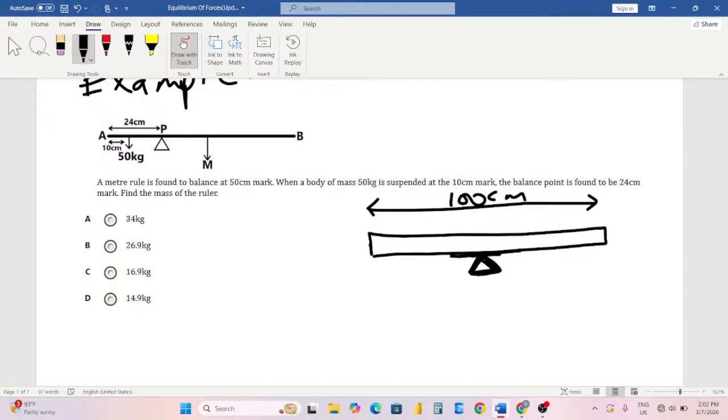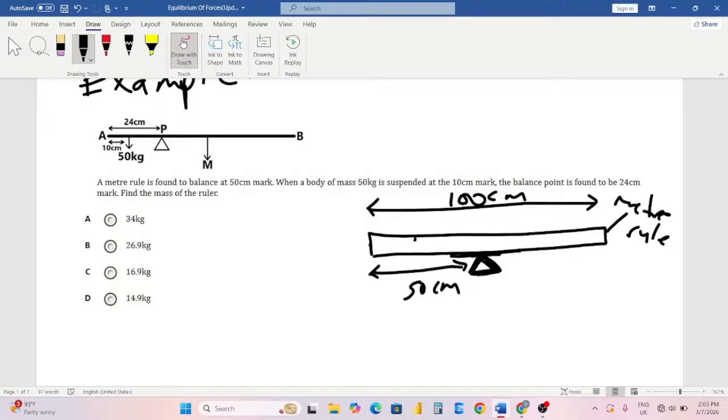Let's take that again. So that means from here to here, be what? 50, because 50 is the center of what? Of 100. So if nothing is added to this uniform meter rule, then the mass of the meter rule will be felt at the 50 centimeter mark.